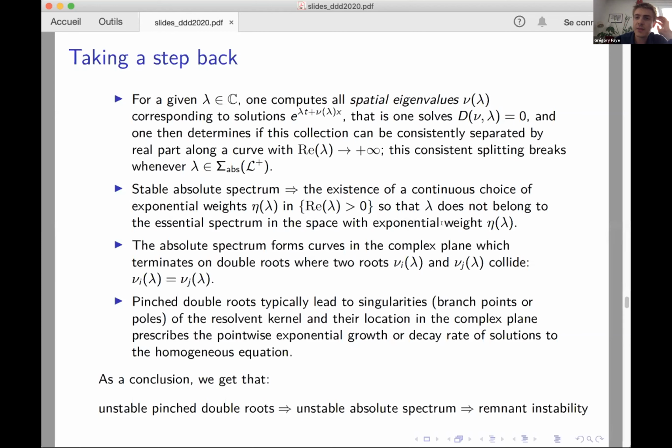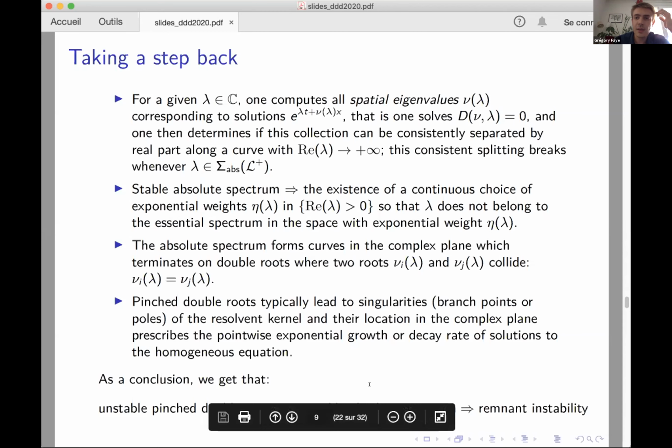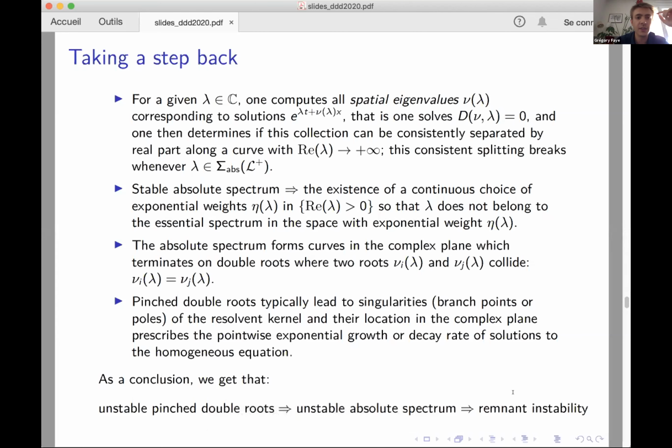And if we take the negation of this, typically unstable absolute spectrum will imply a remnant instability because we'll not be able to find any weight to stabilize the essential spectrum.